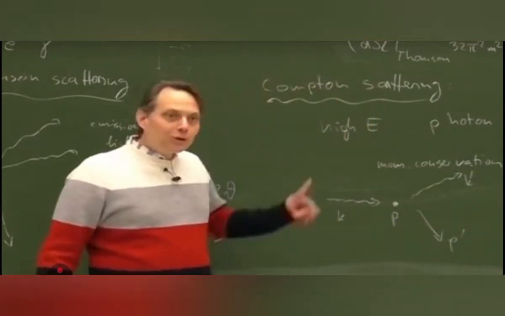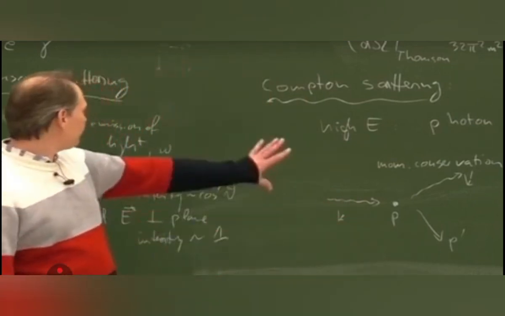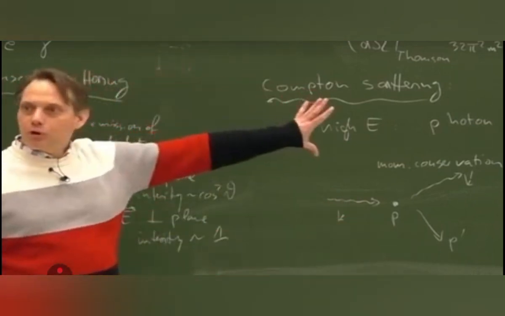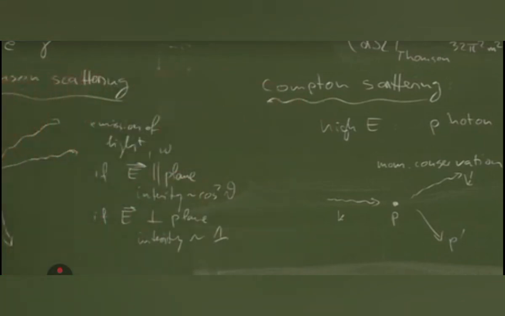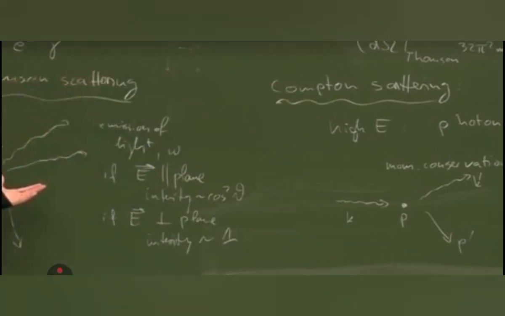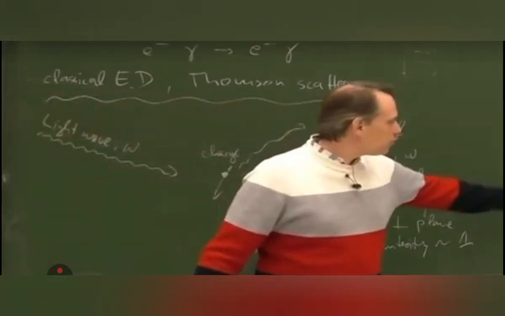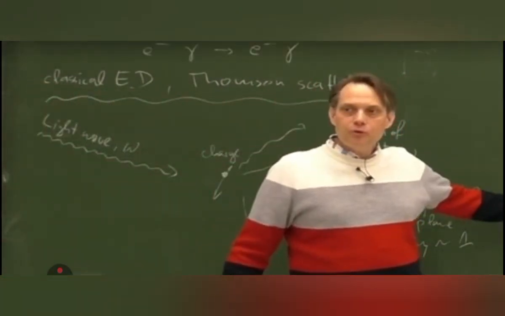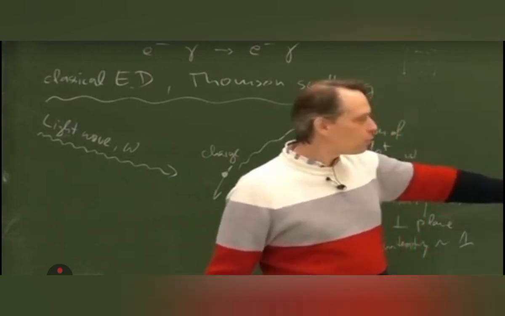But now we have QED, and that means we can find a unified description of all of this within QED. QED must, of course, contain classical electrodynamics as a limit. And of course, it is the correct theory to describe that process. And therefore, what we are now going to do is to describe the process within QED.